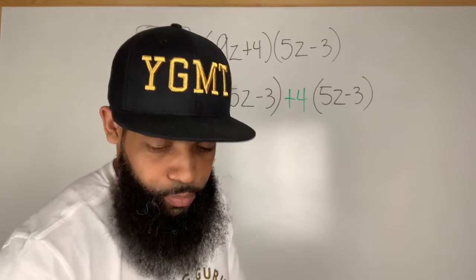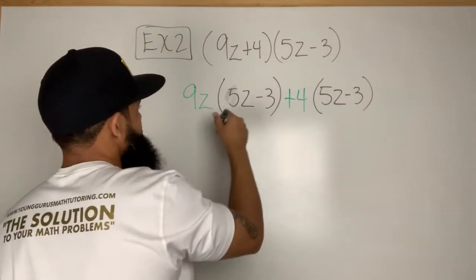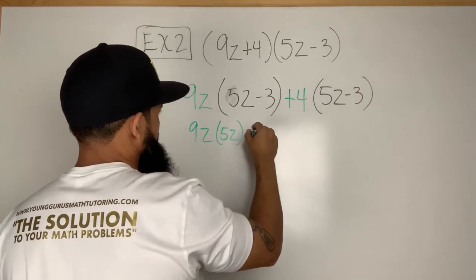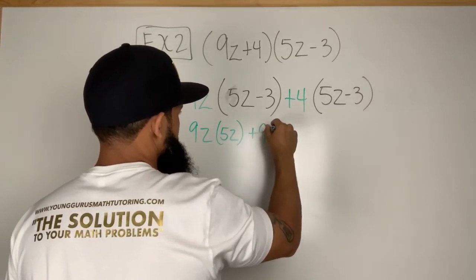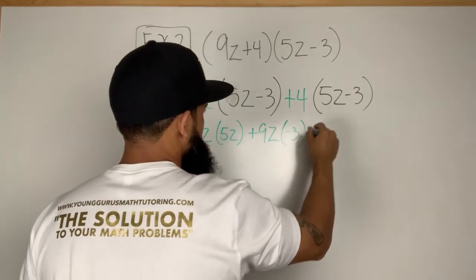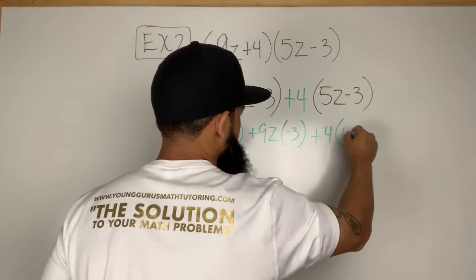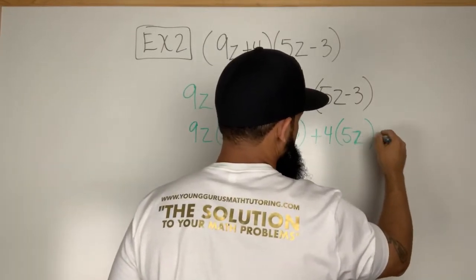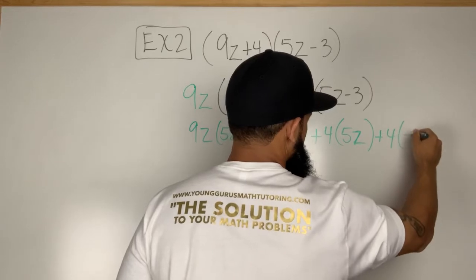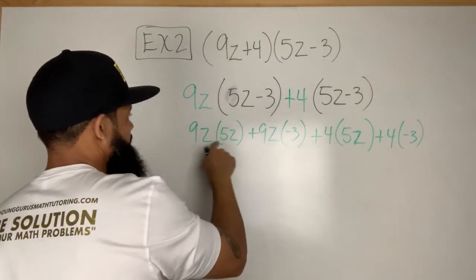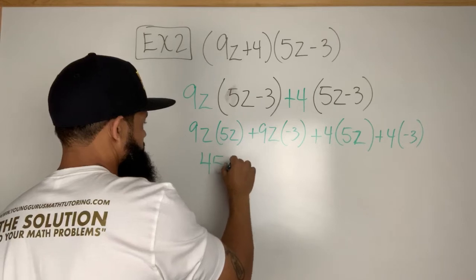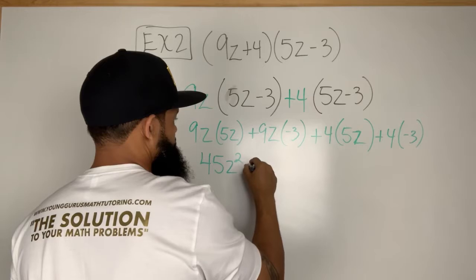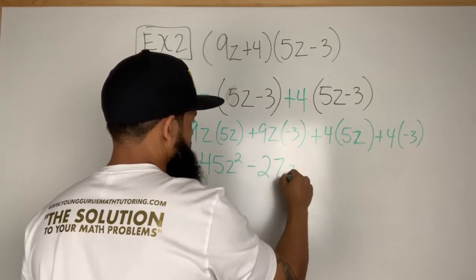What that looks like is 9z times 5z plus 9z times negative 3 plus 4 times 5z plus 4 times negative 3. 9 times 5 is 45, z to the second power. 9 times negative 3 is negative 27z.